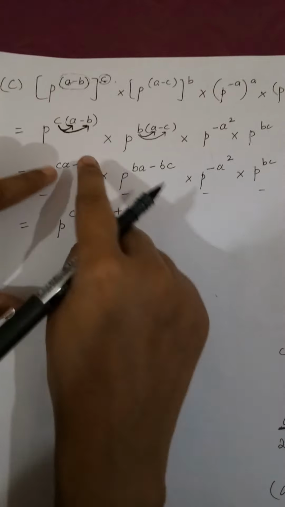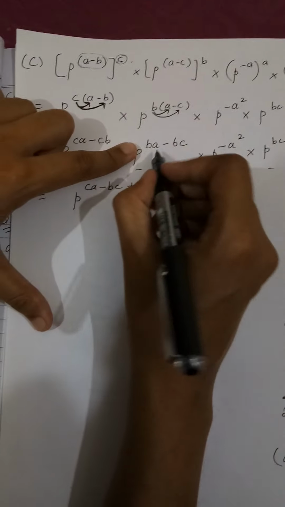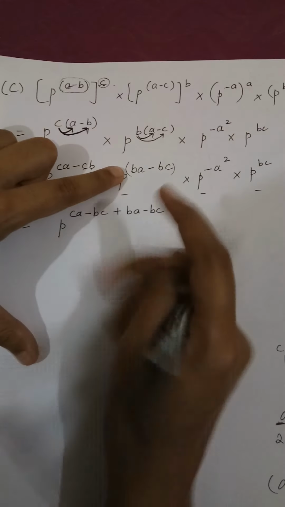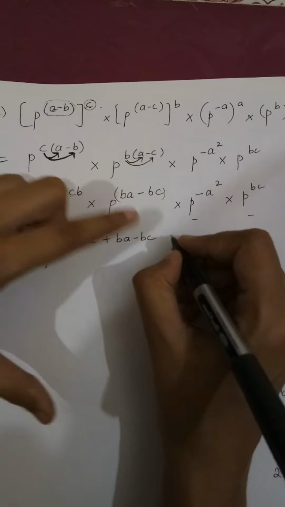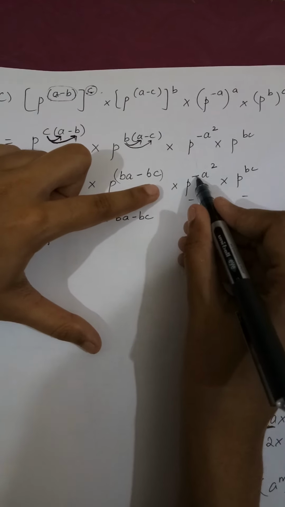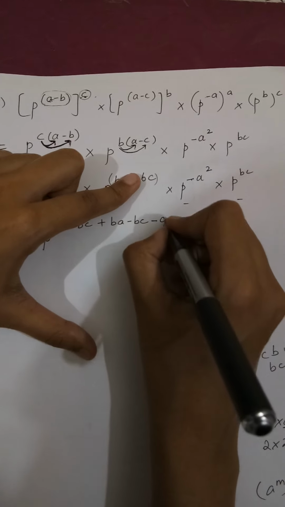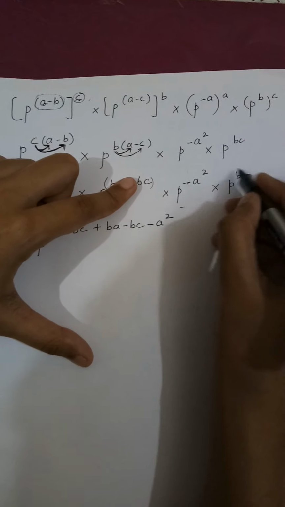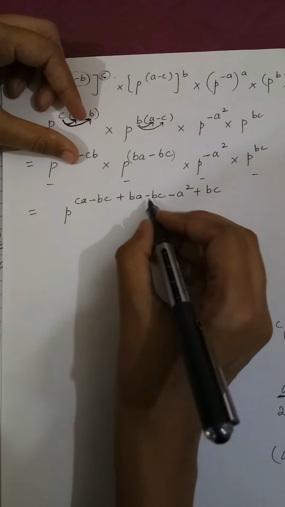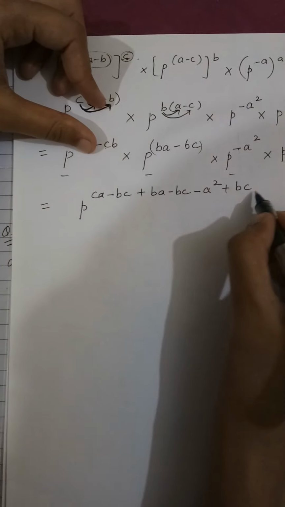Plus, now we have written this, now plus we are going to do this power ba minus bc plus, and if I am going to do plus, what is plus minus? Minus. So here I am going to write minus a square, and what is this? Plus bc, right? Now this is minus bc, this is plus bc.